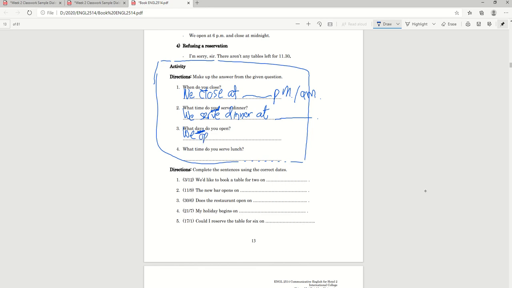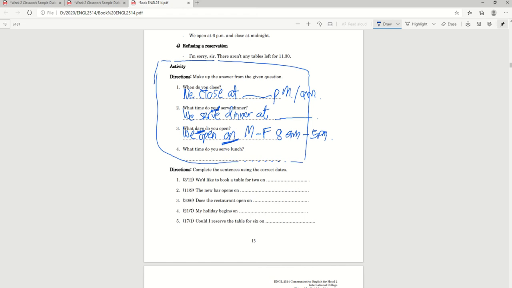We open on Monday to Friday, 8 a.m. to 5 p.m. Okay, you can add more information about the restaurant. Even though the question asks you only what days do you open, you can add time for them.